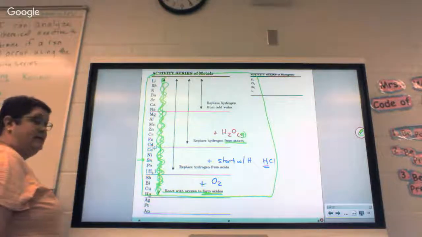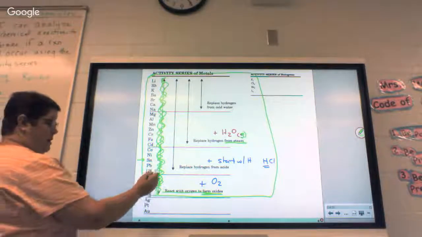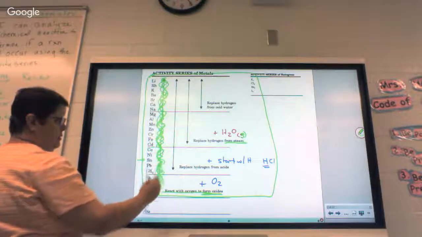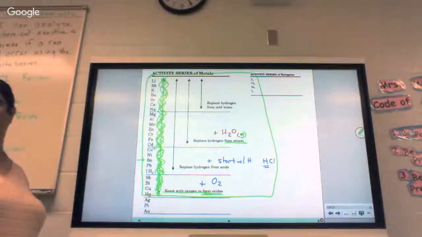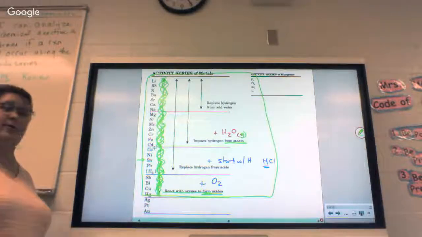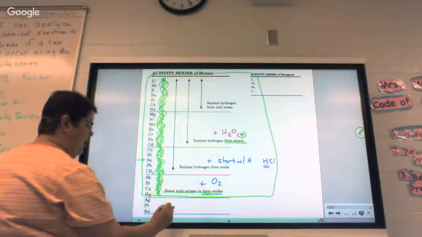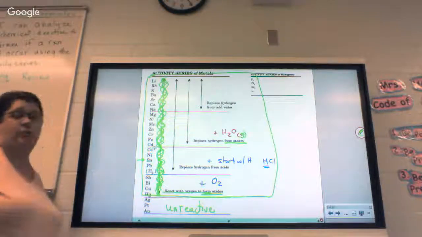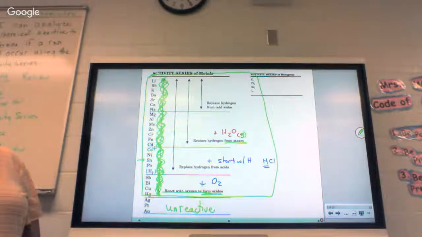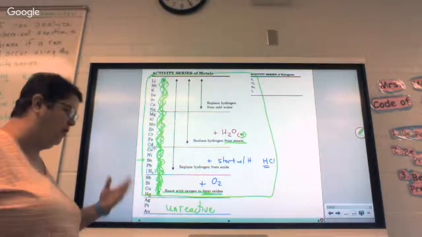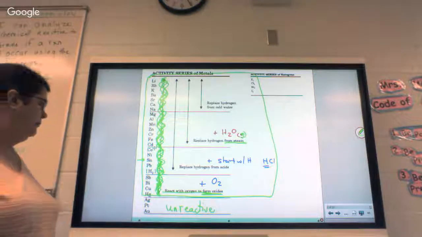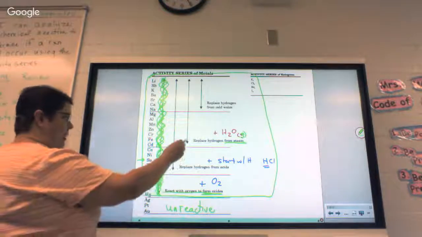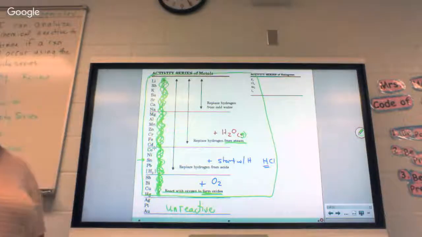Right there. Tin is in that section, because this arrow is the oxide arrow. Gold, silver, and platinum are pretty much unreactive. They will react for some things, but it's pretty much limited. I said you could draw the lines in.